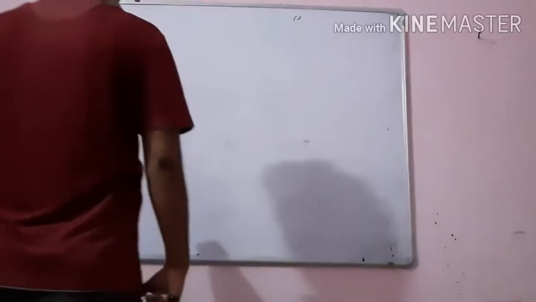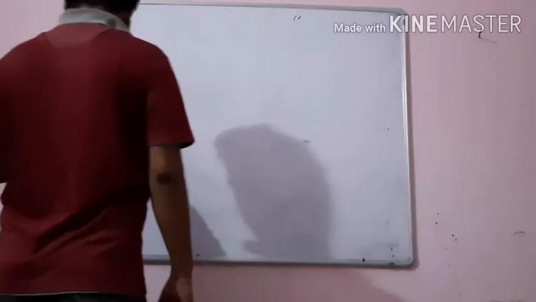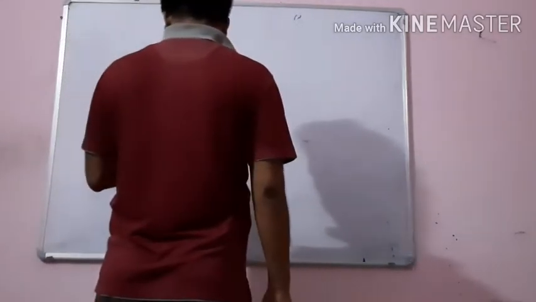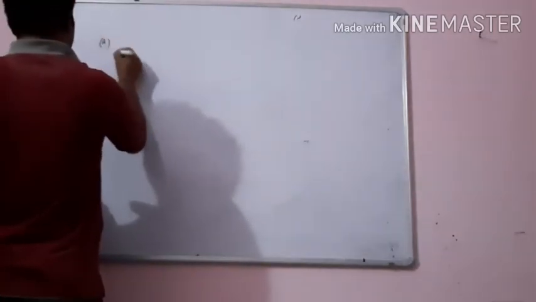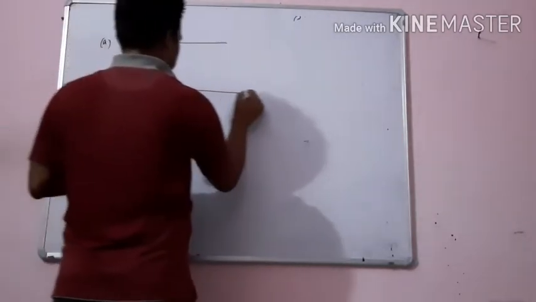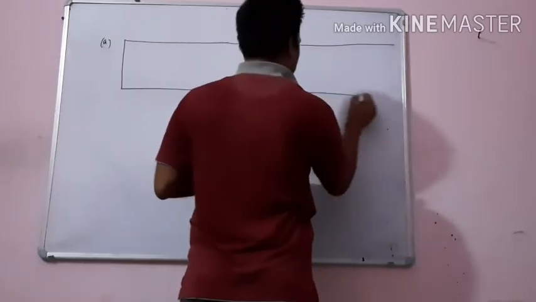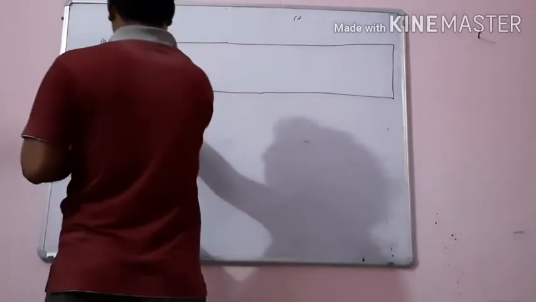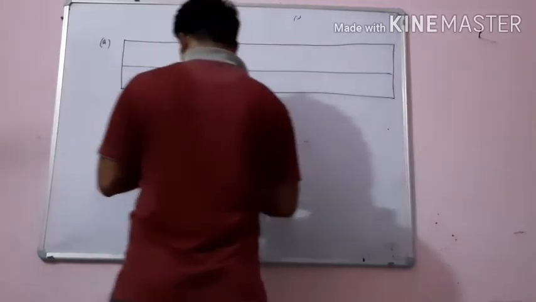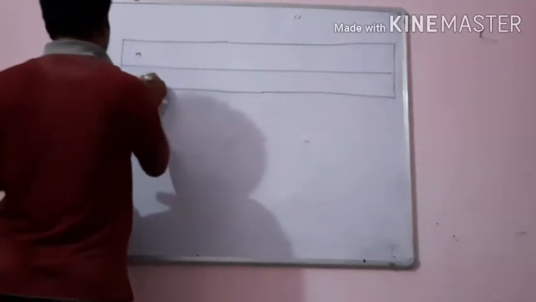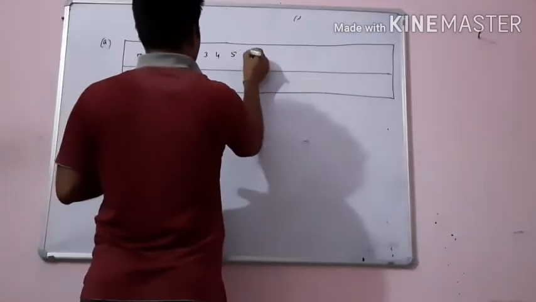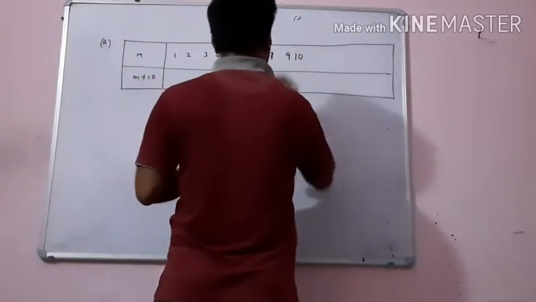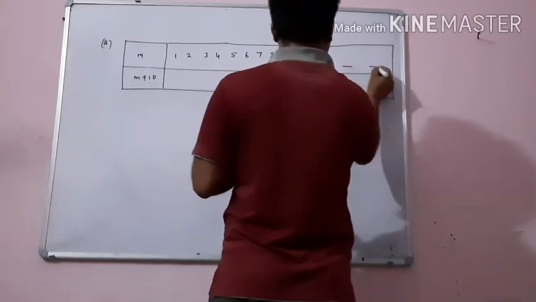We have four tables. Out of these I will do two, A and C. This is table A. It has m plus n, with values 1, 2, 3, 4, 5, 6, 7, 8, 9, 10 up to this mentioned.